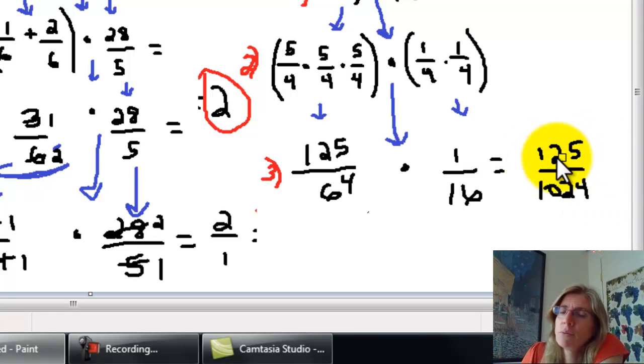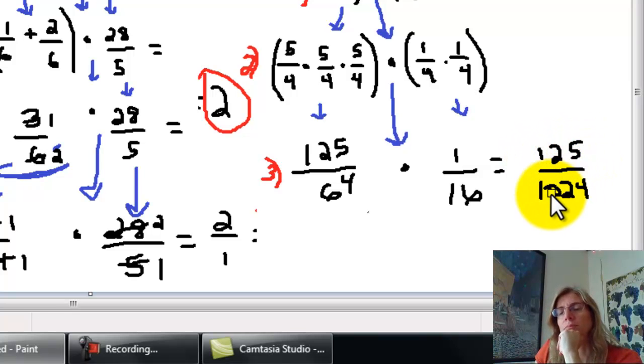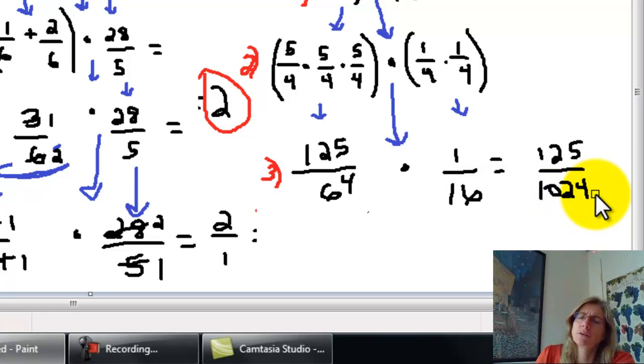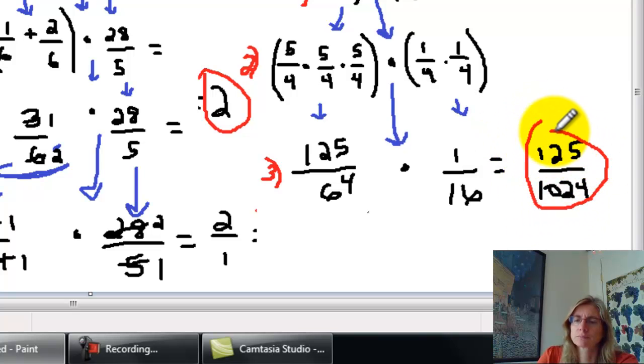It's not divisible by 8 or 6. This one is divisible by 8 and also by 6. So I'm guessing this 125 over 1024 is in fact reduced. It's as far as it'll go.